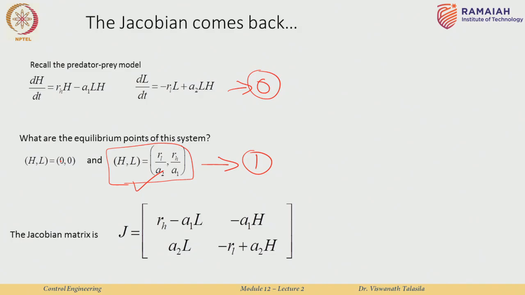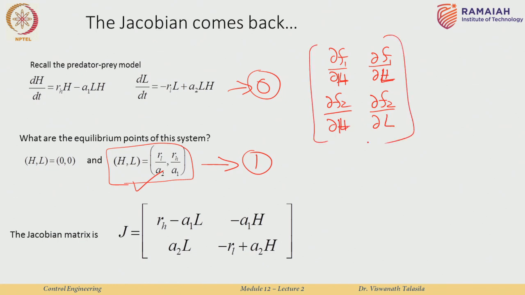And how do we compute the Jacobian? We use the expression which we had before, which was partial f1 by partial L, partial f1 by partial H, partial f2 by partial L, and partial f2 by partial H. Where f1 is nothing but RH times H minus A1 LH, and f2 is nothing but minus RL times L plus A2 LH.